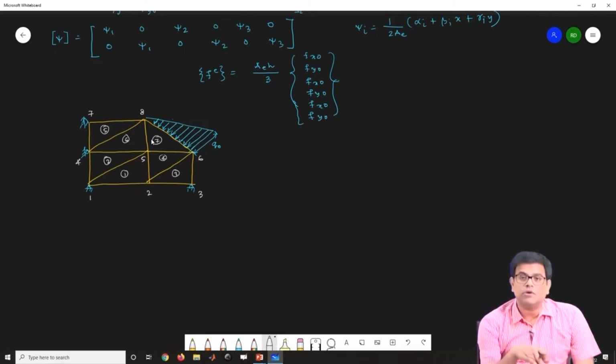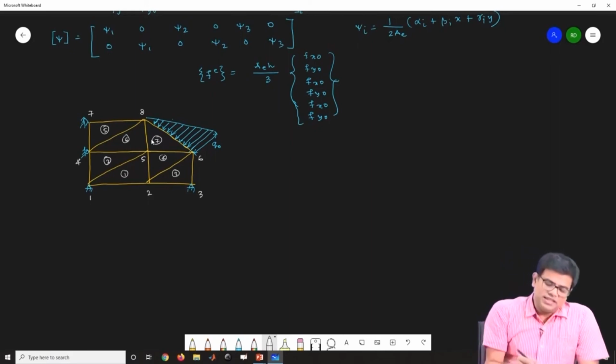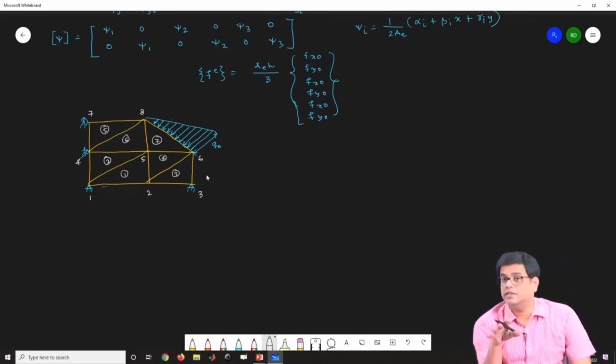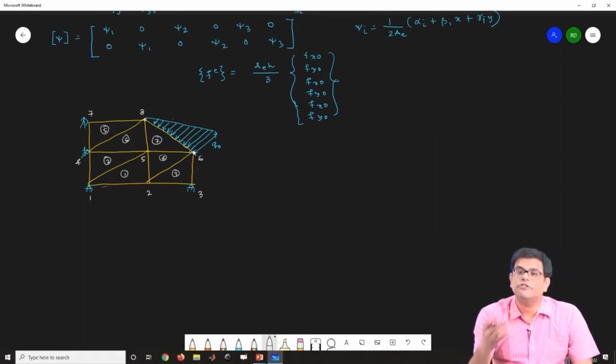Now among the 16, some of the degrees of freedom are restrained, so you know the value. The other boundaries are traction boundaries, but there is no traction force there. Only on this boundary is there a force acting on the body, in the form of traction.